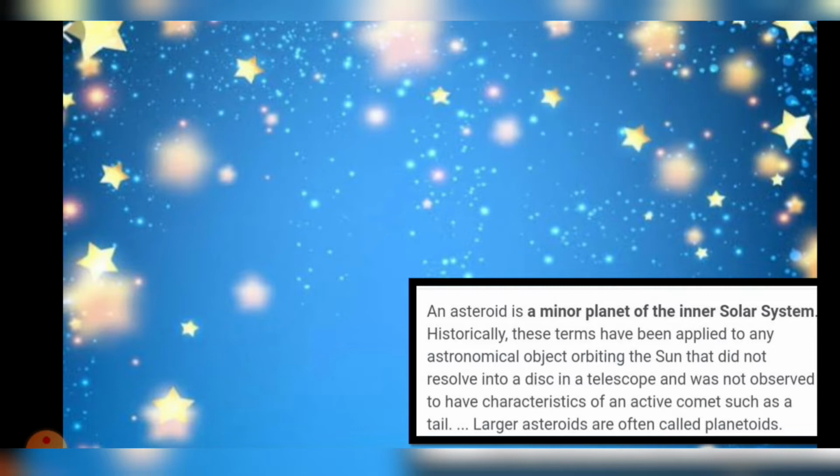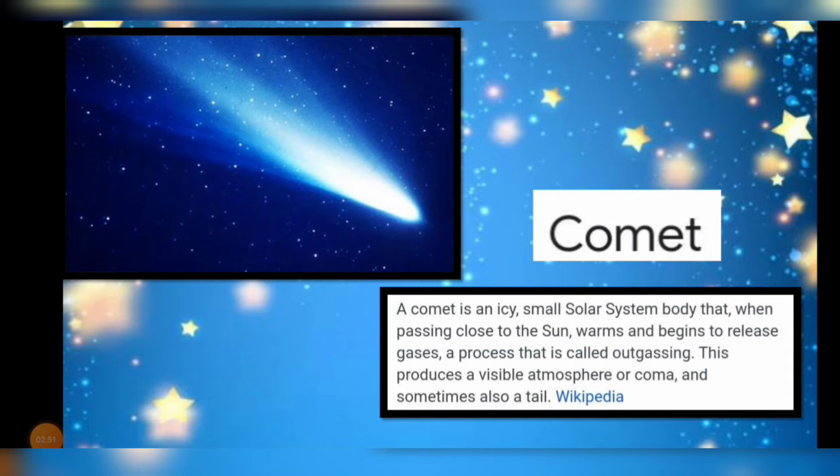Next we will talk about comet. So let's talk about comet children. A comet is an icy small solar system body that when passing close to the sun warms and begins to release gases, a process that is called outgassing. This produces a visible atmosphere or coma and sometimes also a tail.